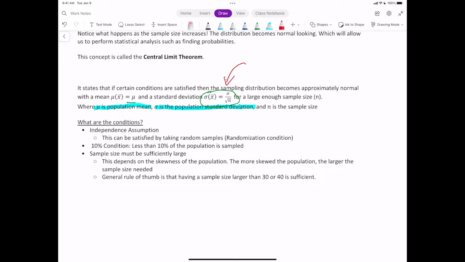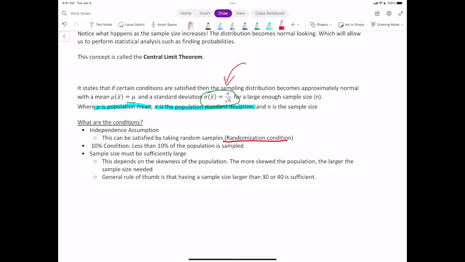If I'm calculating mean ages of students, it's assumed that the students are independent, they're not related to each other. Also, if we're taking random samples, there's a randomization condition. If you take random samples, that automatically means you're independent. So randomization is one thing you definitely want to check for.